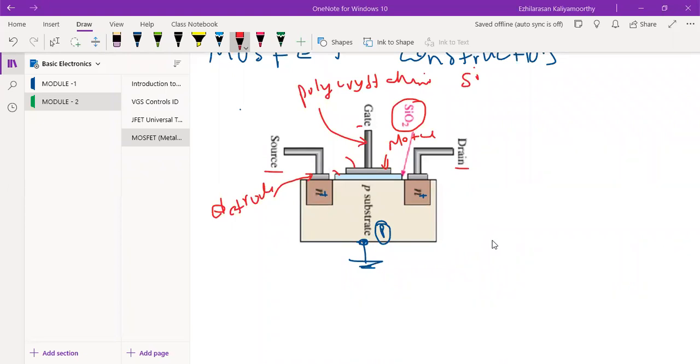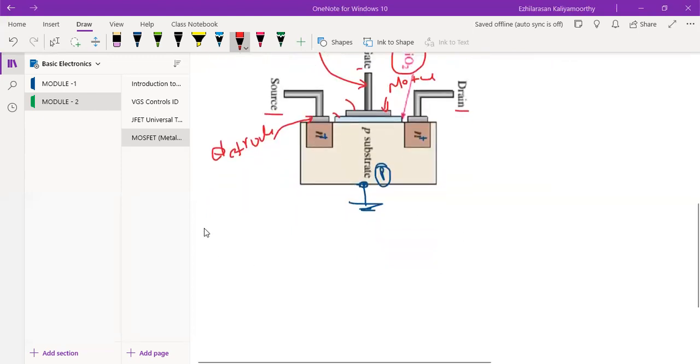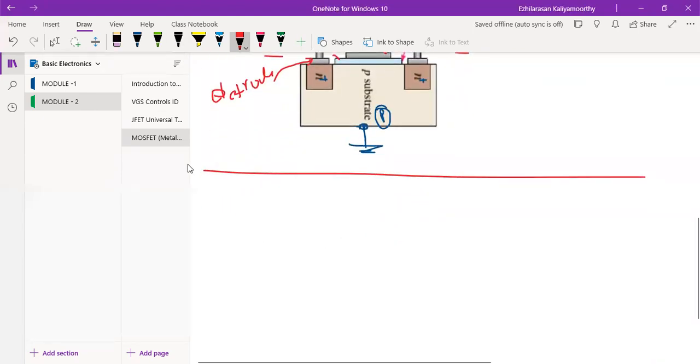The very basic difference is that in the enhancement type we need to induce a channel, but in the depletion type the channel already exists. That is the main important difference. So now let us go for the enhancement type.